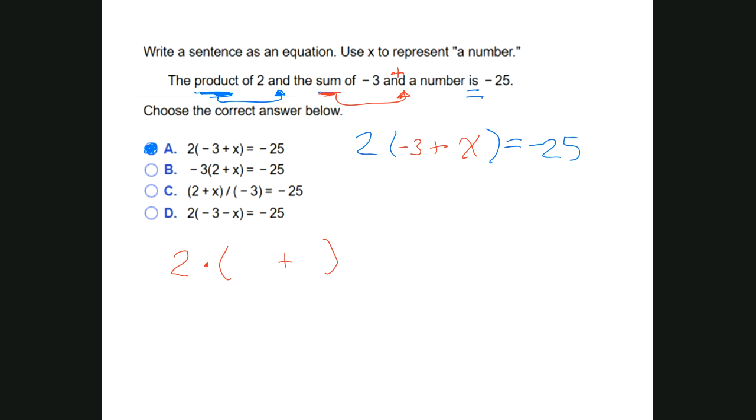Now, it didn't ask us to solve this, but let's go ahead and solve it and see what happens. First thing we need to do is distribute, and 2 times -3 would give us -6. 2 times x, we get a plus 2x, equal to -25.